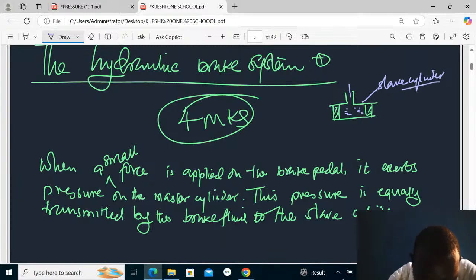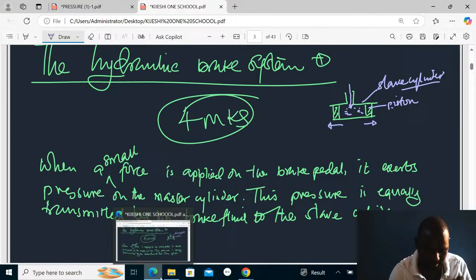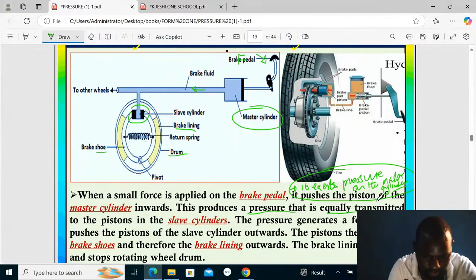Since the pressure has been applied in this way, we expect that this piston, the slave piston, is pushed outwards. The pressure generates a force which pushes the pistons of the slave cylinder outwards. The pistons then push the brake shoes and therefore the brake lining outwards.